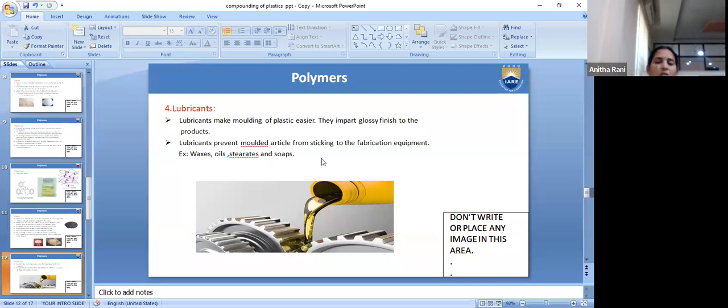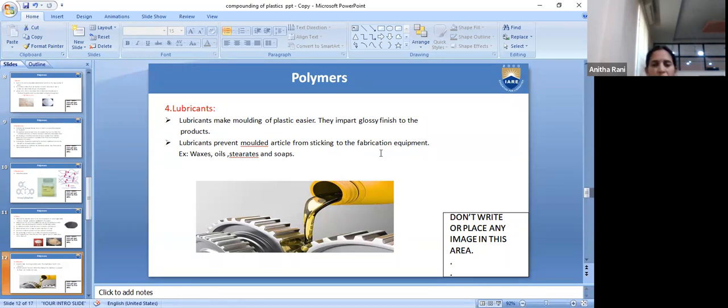Lubricants make the molding of plastic easier. They impart a glossy finish to the product, which is also a good point. Lubricants prevent the molded article from sticking to the fabrication equipment.